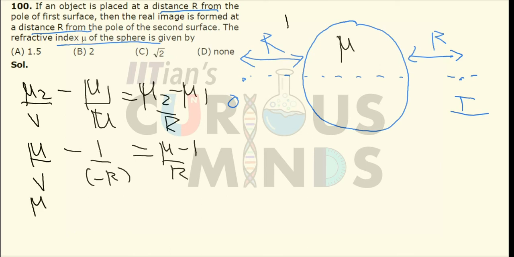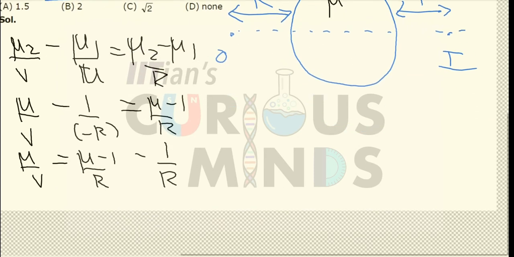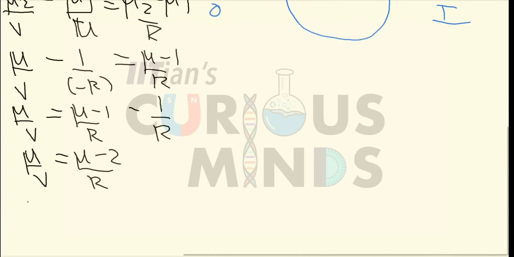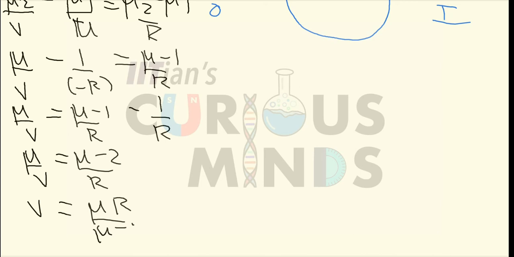So mu by v will be equal to mu minus 1 divided by r minus 1 divided by r. If I take this on the right hand side, mu by v will be equal to mu minus 2 divided by r. So v will be equal to mu r divided by mu minus 2.